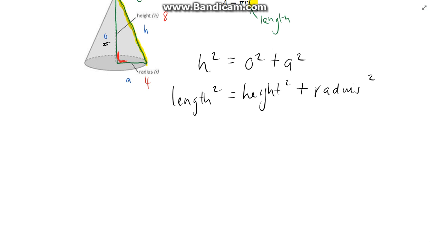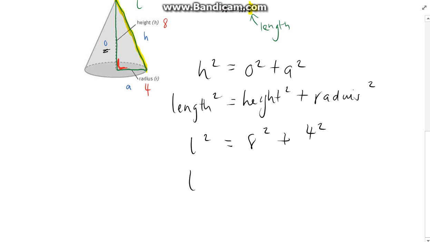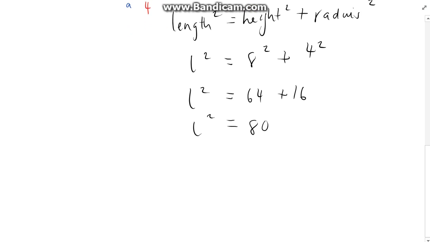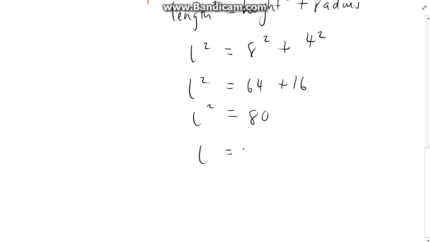So our length, we just call it L, squared is equal to our height, 8 squared, plus our radius, 4 squared. It's going to be L squared is equal to 64 plus 16. L squared will be equal to 80 and L will be equal to the square root of 80.